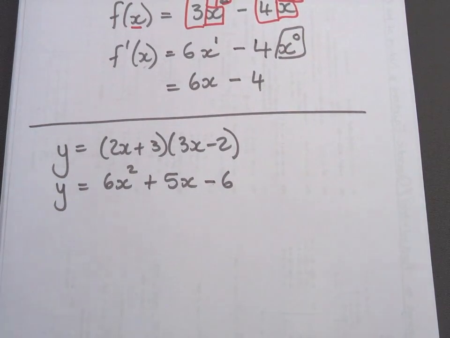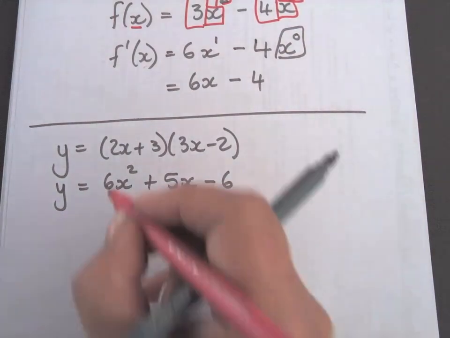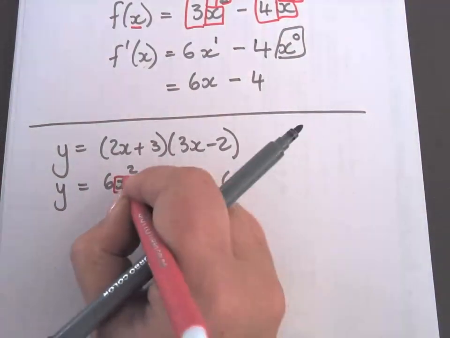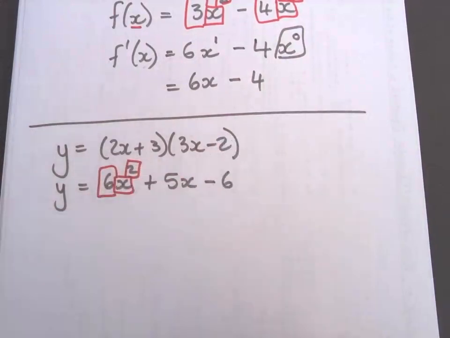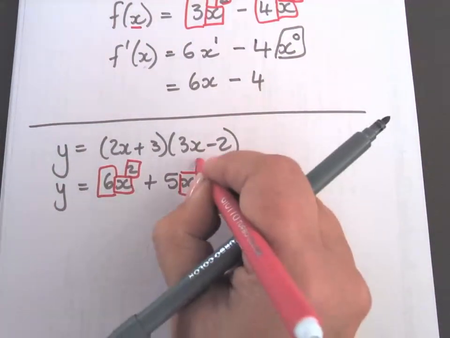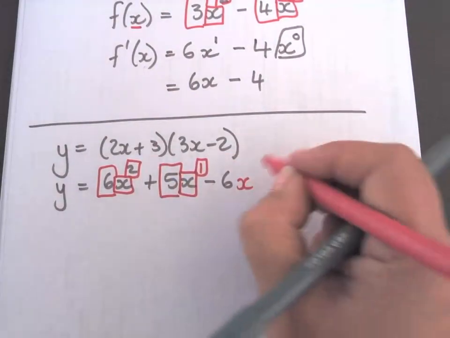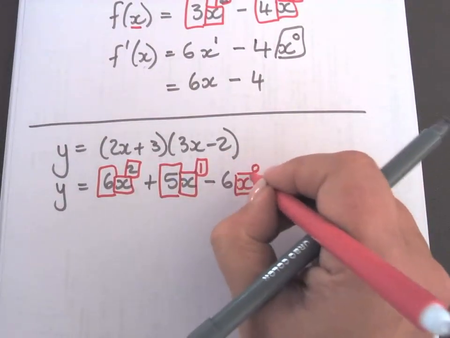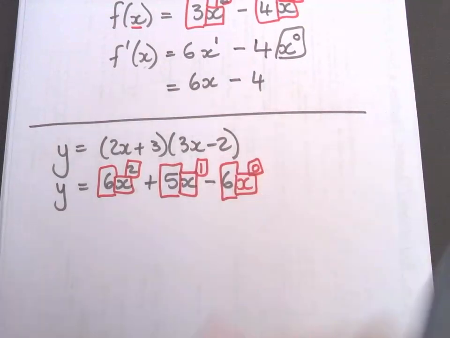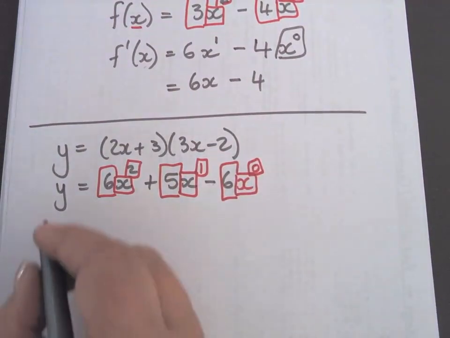Make sure that every term has the correct form. There's an x, exponent, and a 6. An x, exponent, and a 5. An x, an exponent, and a 6. And then you can differentiate.